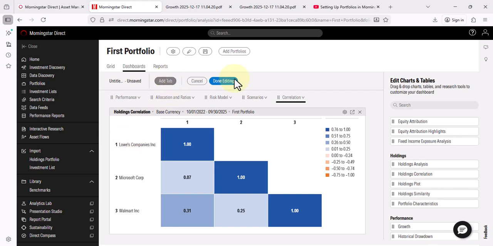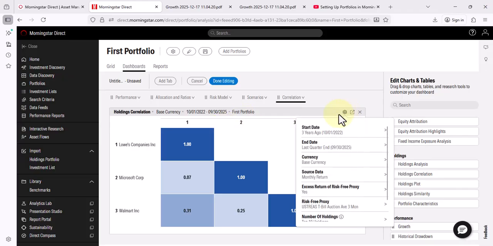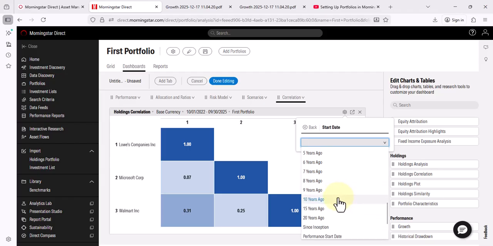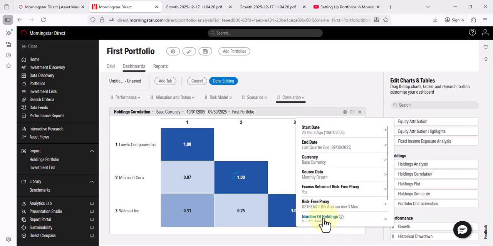We can change the time, and not just use the last 3 years, we can go back over any period of time in which all of these companies existed. So I can go back here 20 years. I believe all of these companies were around 20 years ago. They were. You can see here a little bit higher correlations overall, but still a fairly well diversified situation.